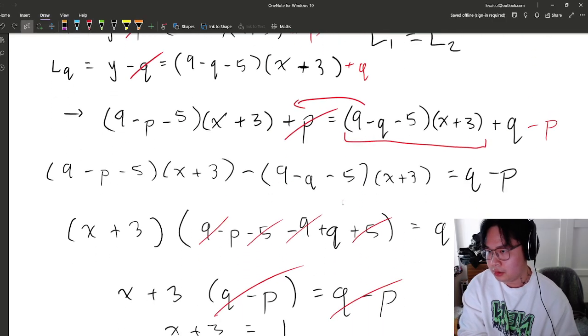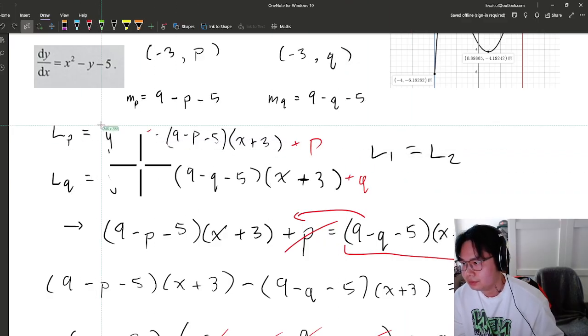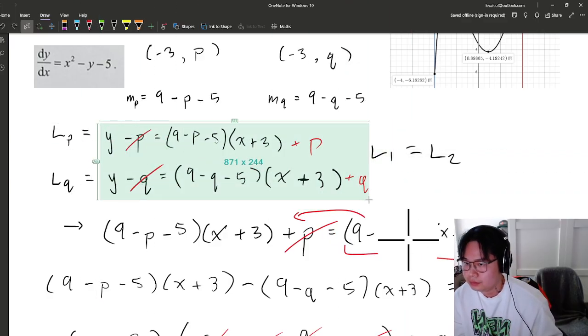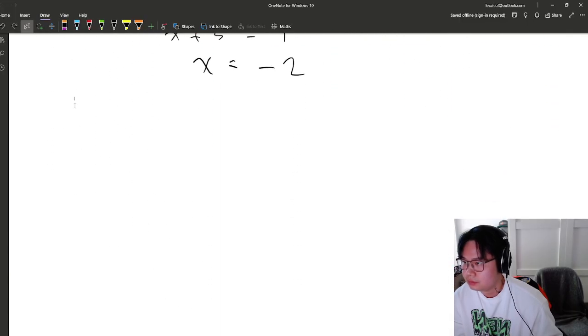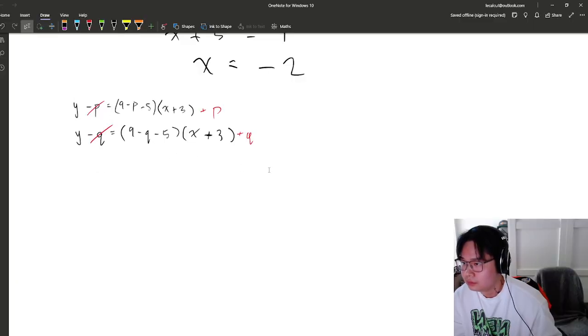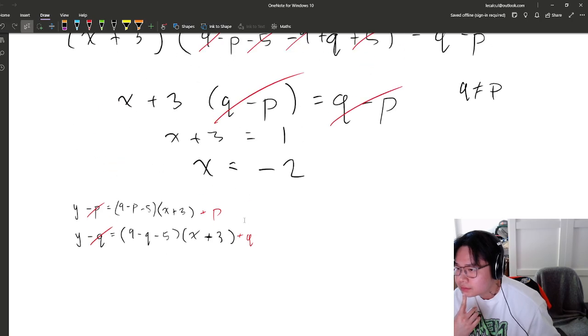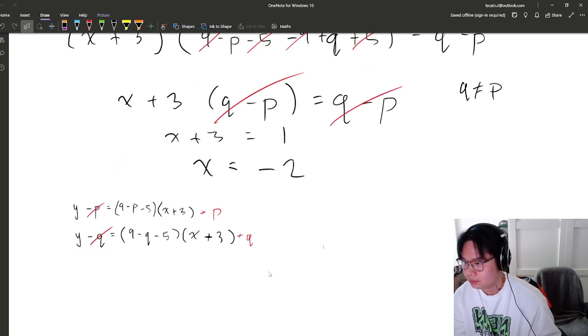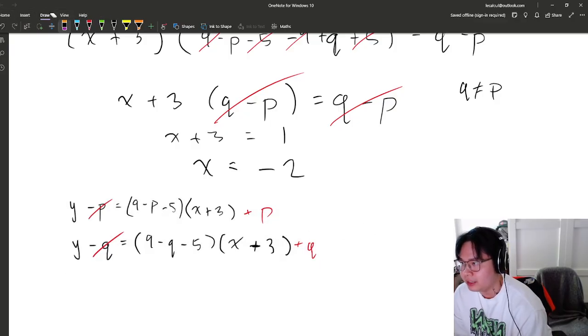Okay, now that x is 2, then what we do is, now that we know x, we can slowly make our way and find y. Why can't I erase this? Oh, this is a screenshot.